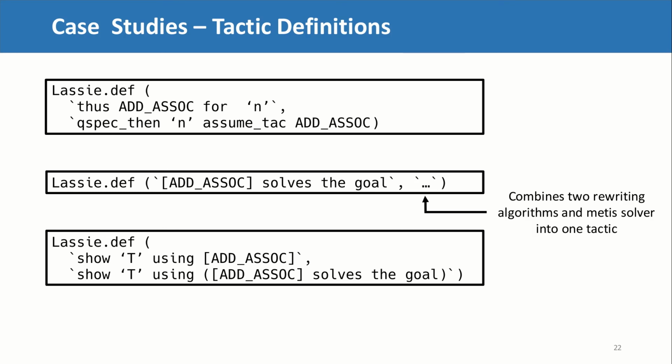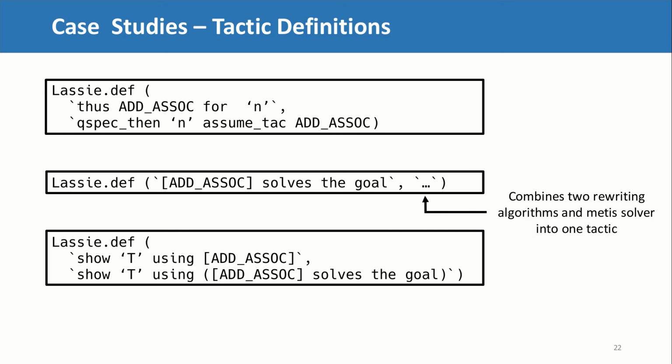The definition in the middle is more interesting. What we do here is similar to the decision procedure we built earlier. We combine, again, 2 rewriting algorithms and the meta solver into a bigger decision procedure, which automatically solves simple goals. The last example on the slide shows how we can then reuse earlier definitions that have become part of the grammar to build more elaborate tactics.